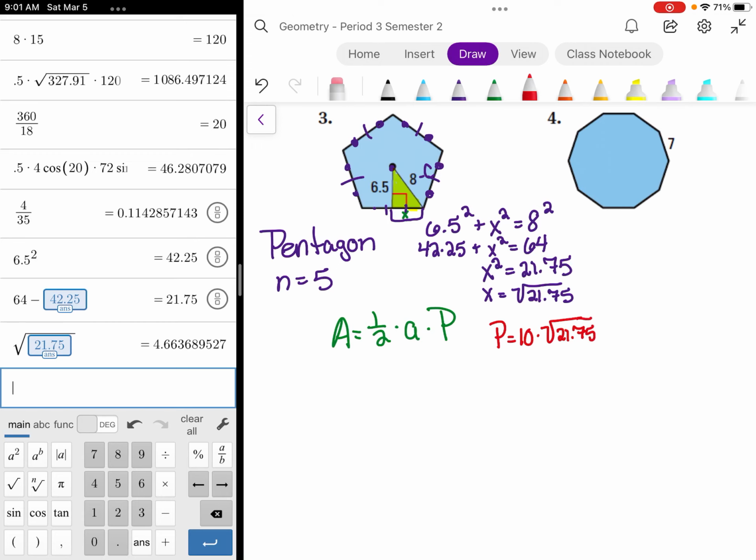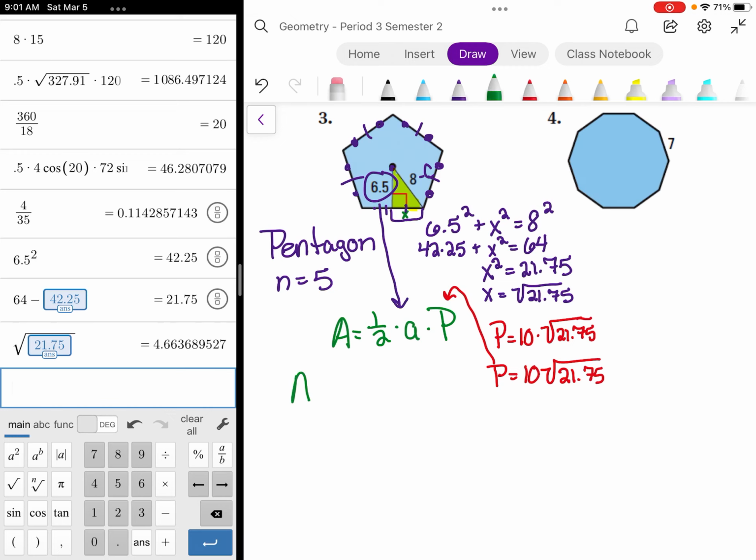And because we want exact answers right now, we're just going to do 10 times the square root of 21.75. And then we can plug that in for our p-value. And we are already given the length of our apothem, so now we have everything to put into our formula.